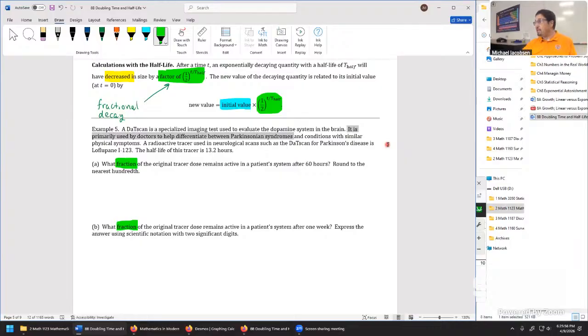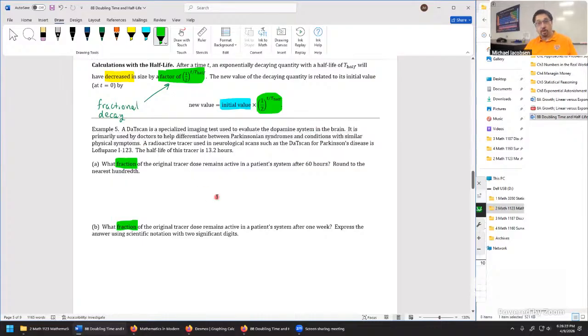That's a new word for me. What that means is conditions that are similar to Parkinson's disease and other very similar conditions. So we're looking to evaluate symptoms similar to Parkinson's disease itself and a whole slew of other kind of rough disorders. To do that, they have to image your brain, the dopamine systems.